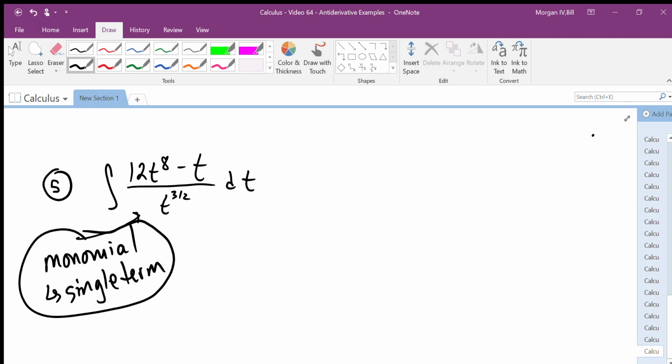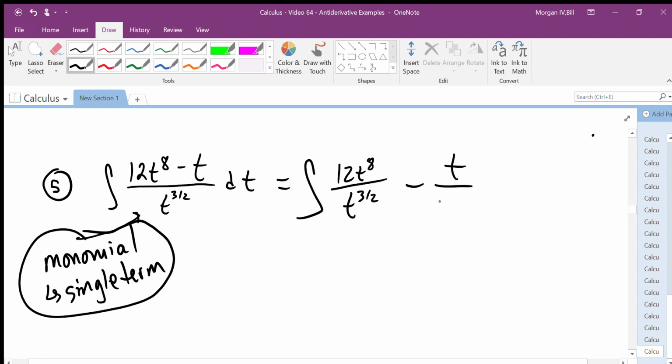You are not adding or subtracting anything in that denominator. Right? We can't undo quotient rules or anything like that. So instead, because we're dividing by a monomial, let's just separate the numerator as 12t to the 8th over t to the 3 halves minus t over t to the 3 halves, and try to simplify that before taking the antiderivative.